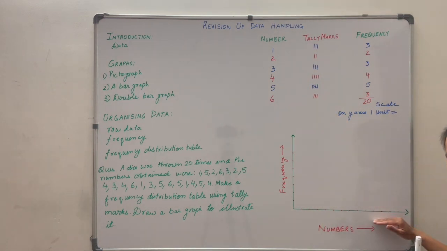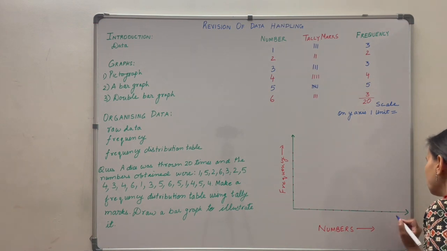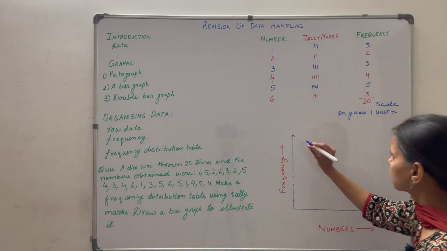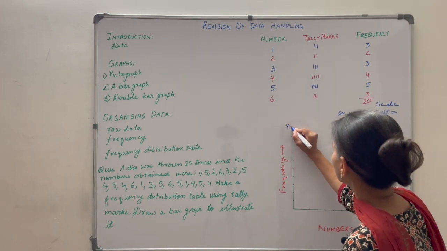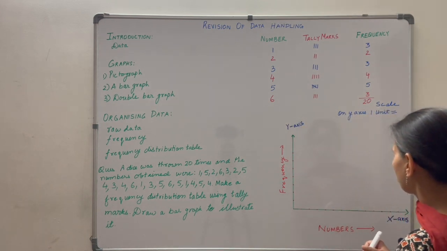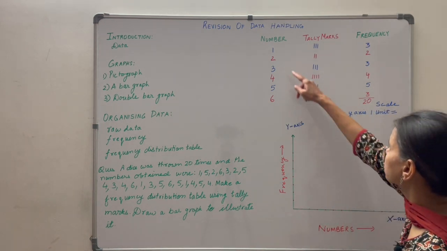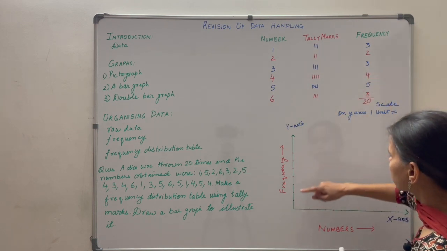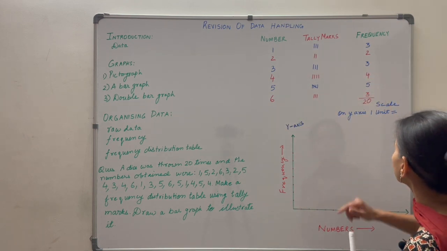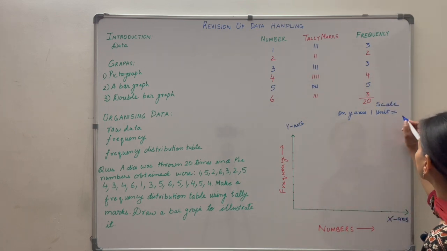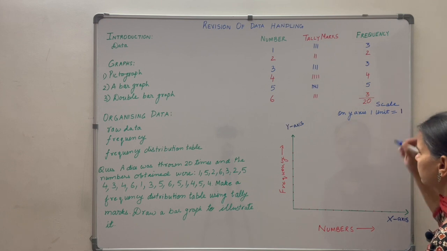The horizontal axis is called the x-axis and the vertical axis is called the y-axis. On the x-axis we are plotting the numbers from 1 to 6 and the frequency on the y-axis. I'll take 1 unit equal to 1.